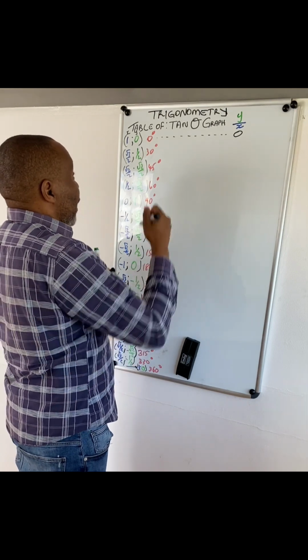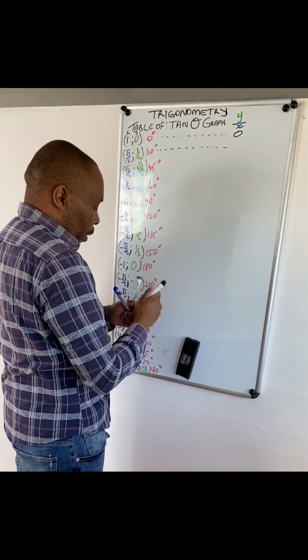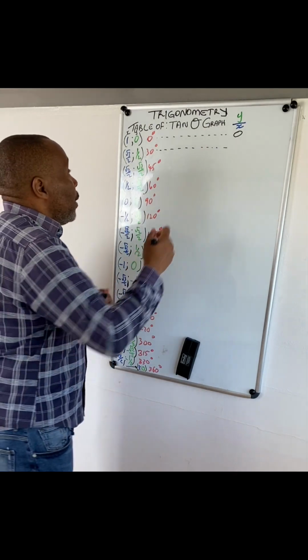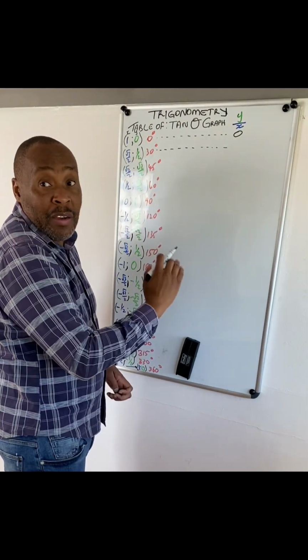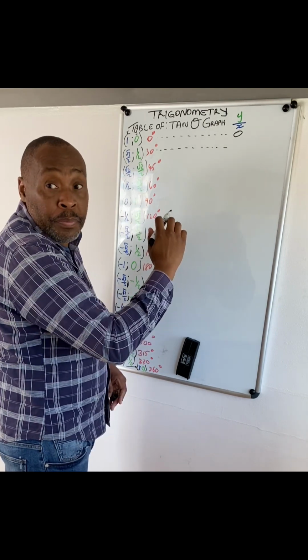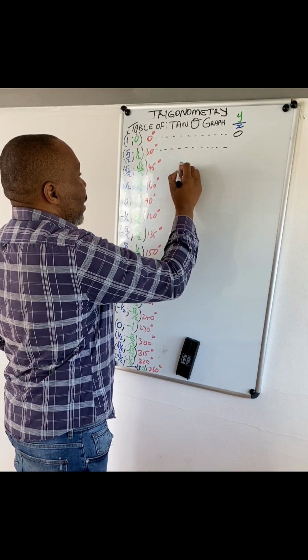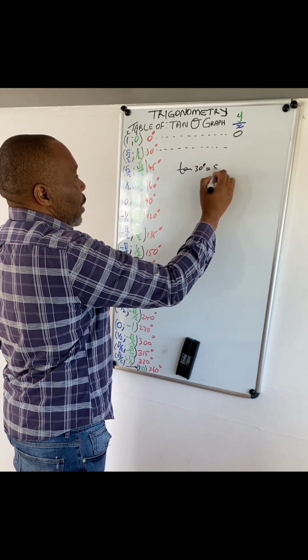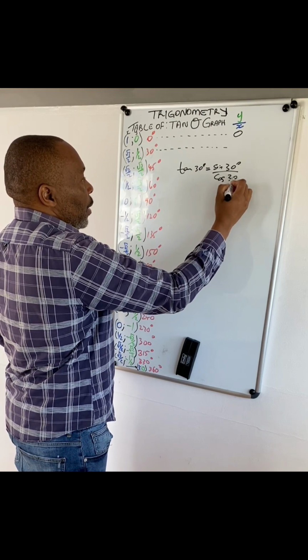Now at 30 degrees, we will calculate and put it up there. So at tan 30, we'll keep going down with these values. Hope we'll have enough space for all of it. So we say tan 30 degrees is equal to sine of 30 degrees over the cos of 30 degrees.